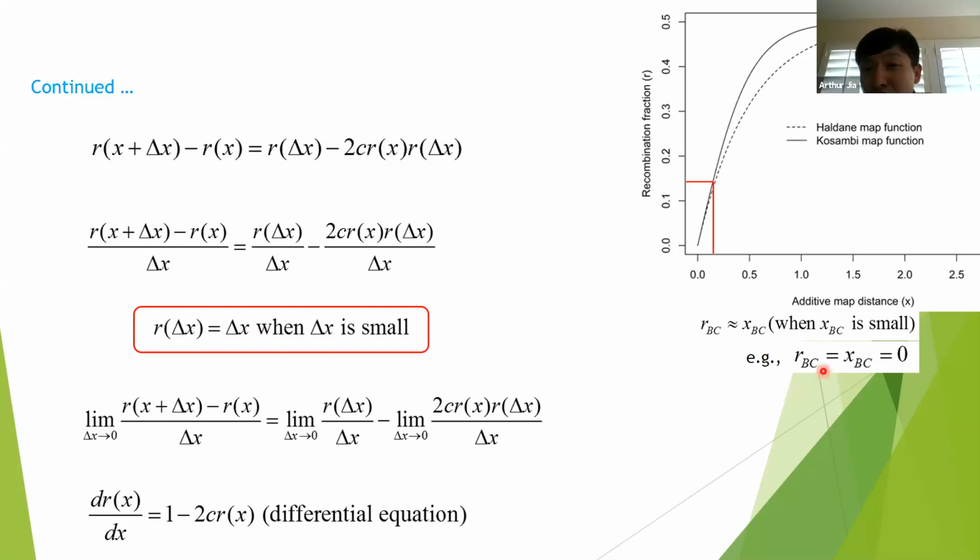For example, if the region is very small, the RBC should be equal to XBC, which equals 0. Can you follow that? If this distance is a very small increment, delta X is very small, so we can treat these two items as equal to each other. Then we can simply use the limit theorem to do the algebra here and end up with the differential equation.